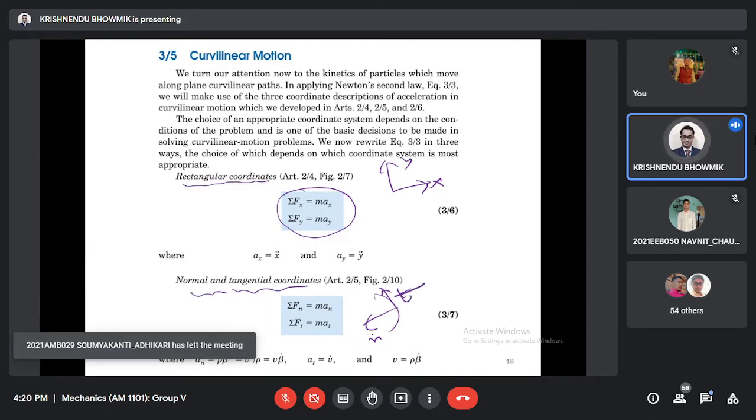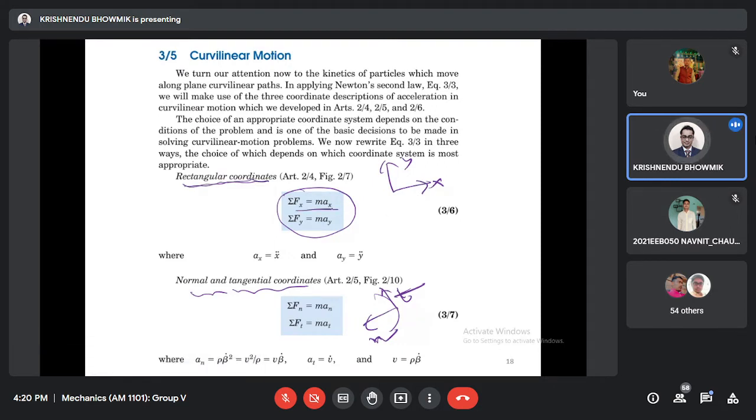This is the tangential direction, this is the normal direction. In rectangular coordinate, summation Fx equal to max, summation Fy equal to may, and ax equal to x double dot, ay equal to y double dot. In normal and tangential case, summation of Fn equal to man, summation of Ft equal to mat.